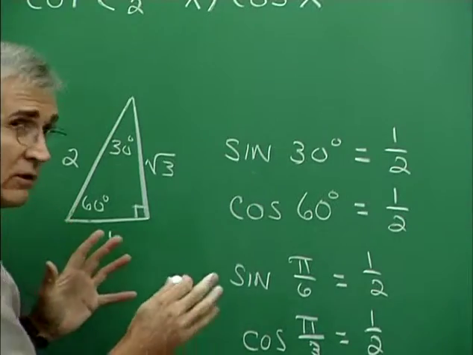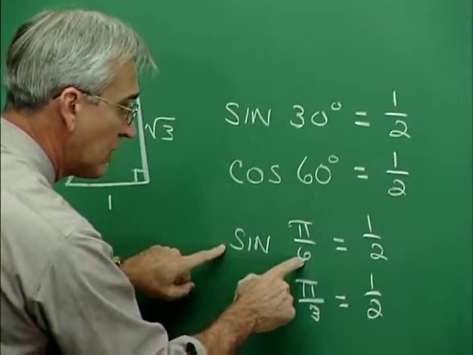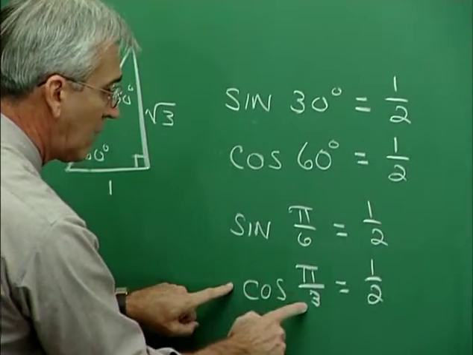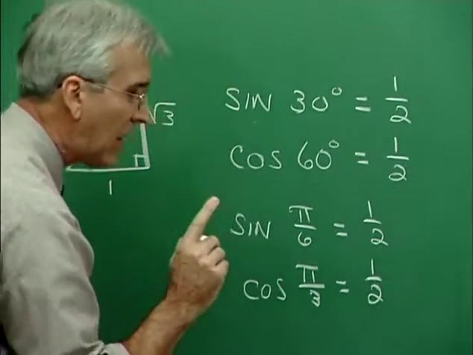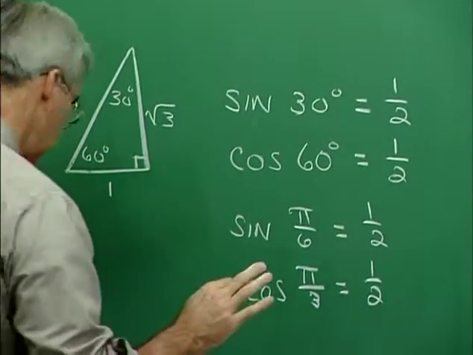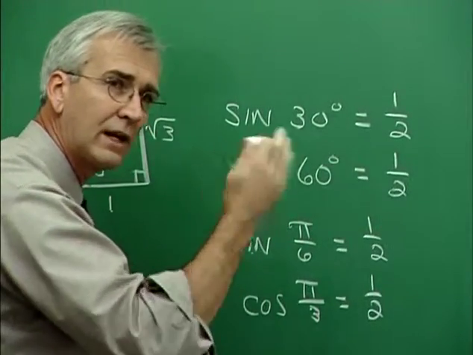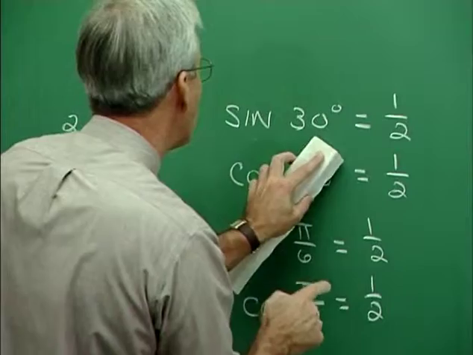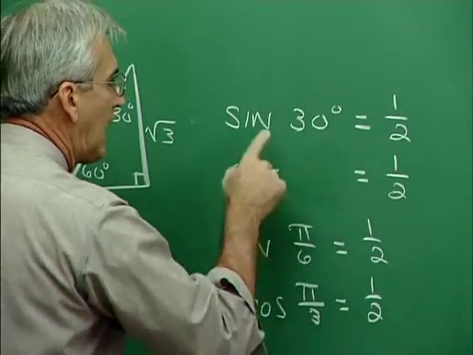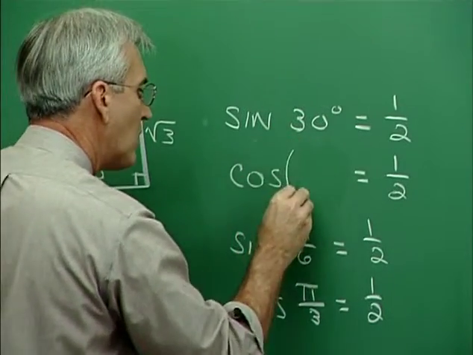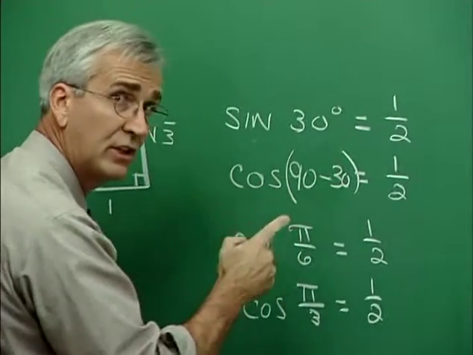And if we're talking about the radian world, we're saying that the sine of pi over 6 is 1/2, the cosine of pi over 3 is 1/2. So same idea. Now, think about how we generate complements. If I were going to generate the complement of this 30-degree angle, and I know that we have some equality here, I would have the cosine of 90 minus 30, you see, to get at that 60-degree angle.